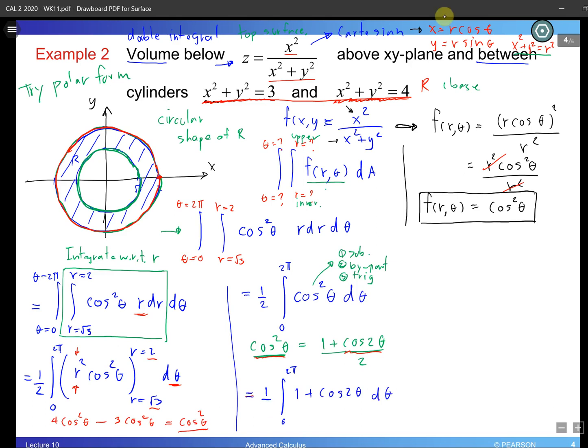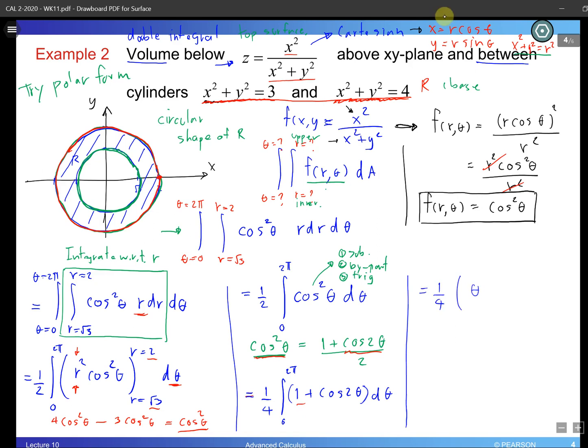It's going to be 4 right here. So right now I need to integrate this with respect to theta. Okay, so equal to 1 over 4 stays the same. And 1 right here, integrate this with respect to theta, I get theta.